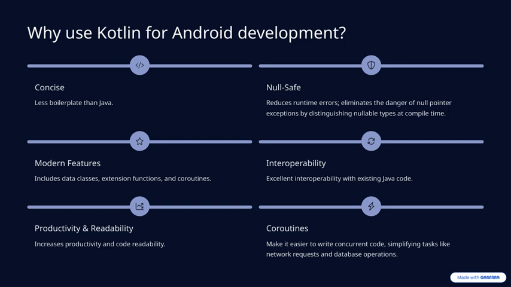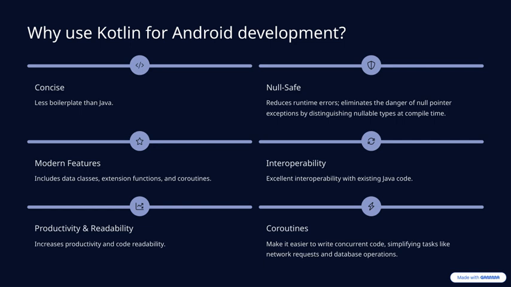This makes our apps more reliable. Kotlin also packs in modern features like data classes, extension functions, and coroutines, which make our code more expressive and easier to manage. Plus, Kotlin works seamlessly with existing Java code, so we can adopt it gradually without rewriting everything from scratch. This interoperability is a real advantage.